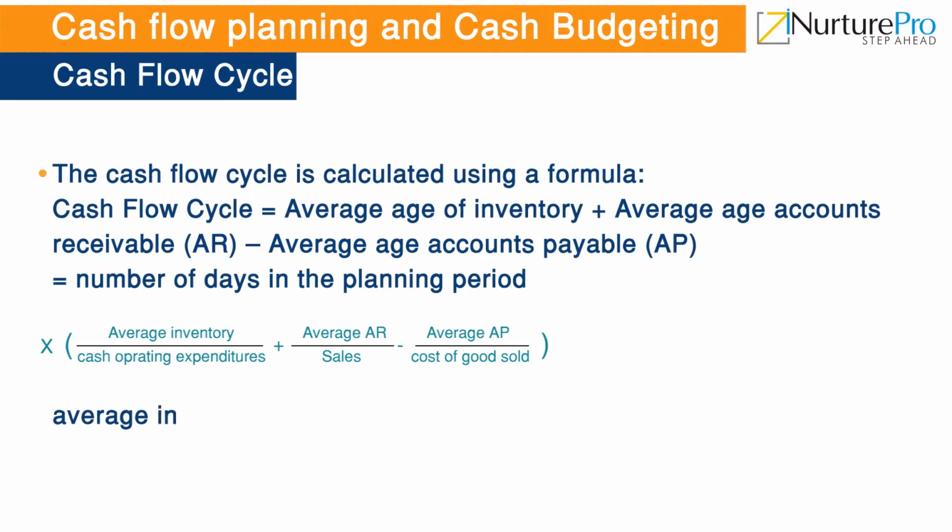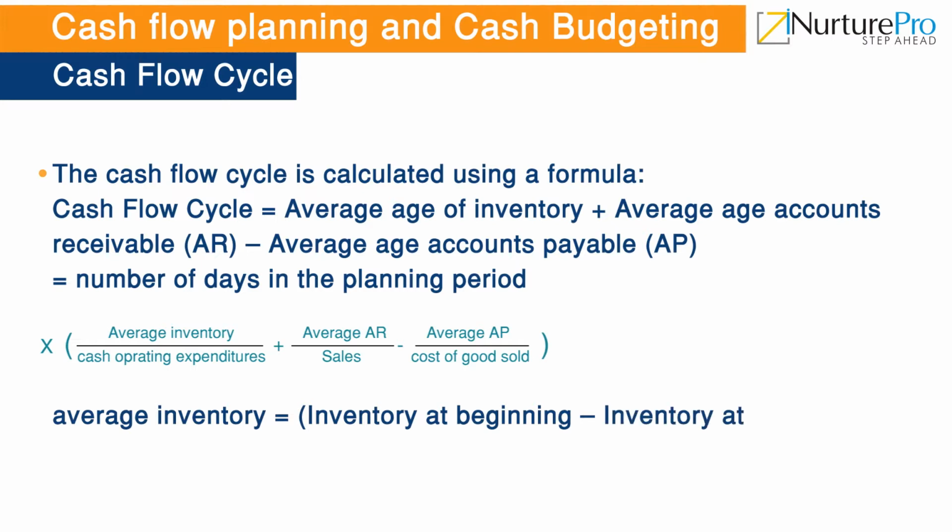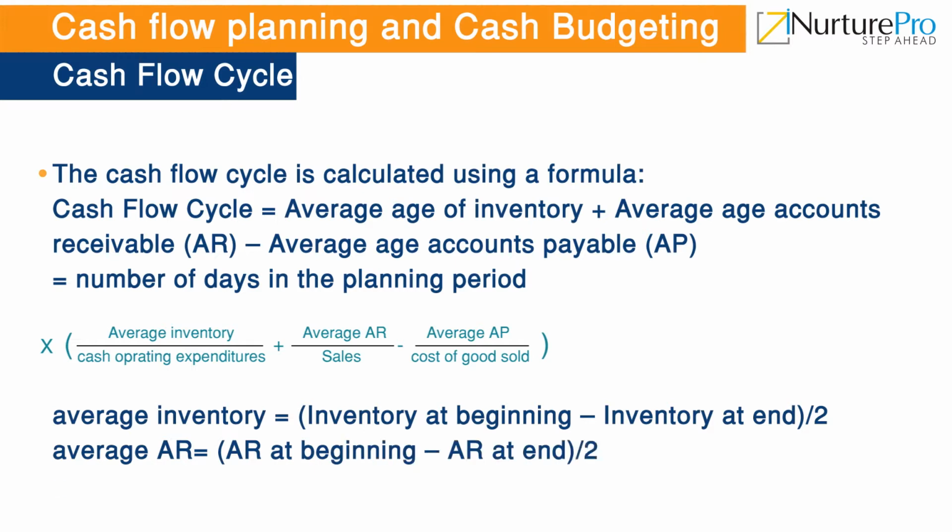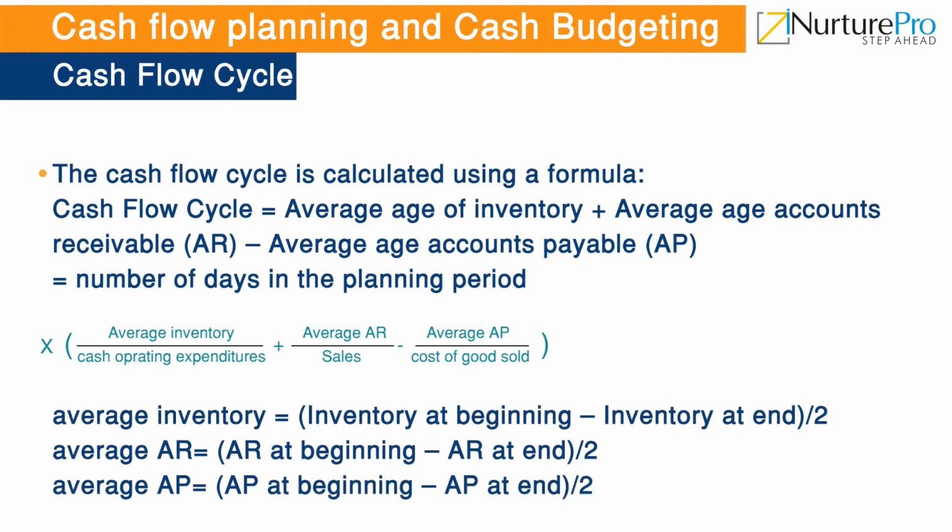Here, average inventory is equal to inventory at beginning minus inventory at end divided by 2. Average AR is equal to AR at beginning minus AR at end divided by 2. Average AP is equal to AP at beginning minus AP at end divided by 2.